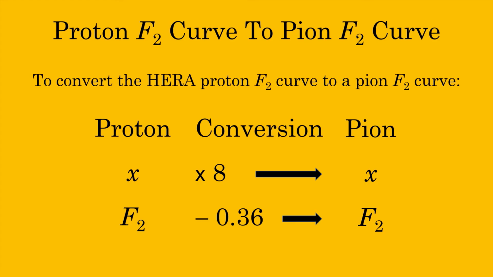The proton F2 data is converted to pion F2 data by first converting the proton momentum fractions to pion momentum fractions by multiplying them by 8, then by converting the proton F2 values to pion F2 values by subtracting 0.36 from them.